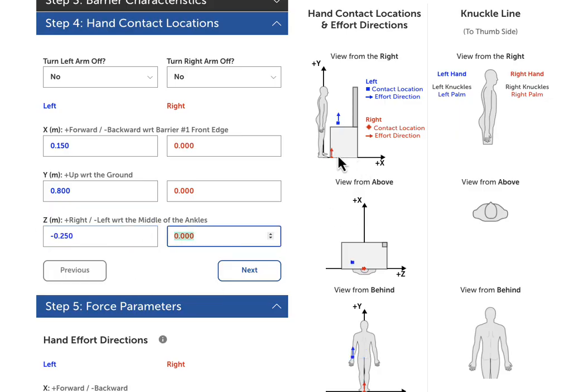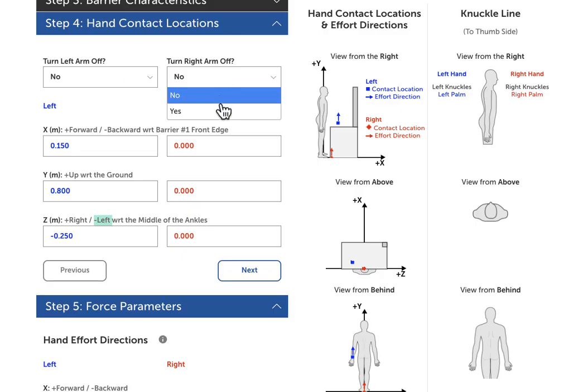So here you can see that it is 15 centimeters forward of the box edge. With respect to the ground always, it's 80 centimeters or 0.8 meters. And with respect to the midline, it's left negative. So negative is left. You can see that here. And negative 0.25 meters.